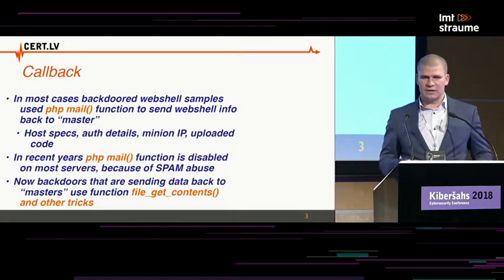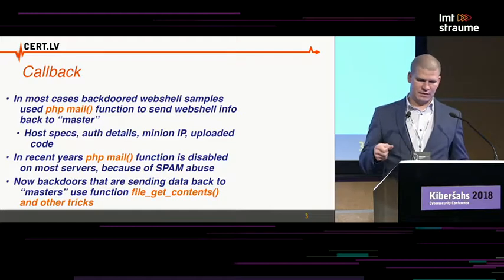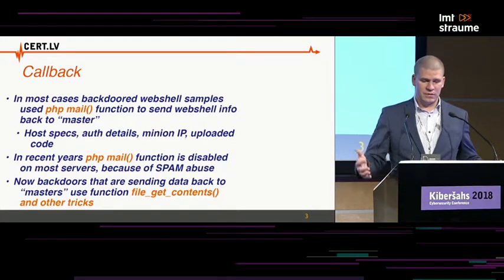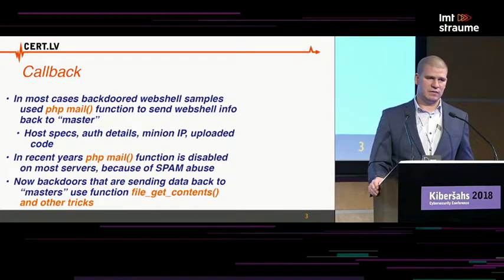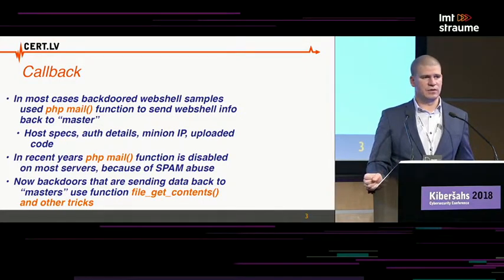So, callback functionality: the old ones, and quite a lot of them are still used. The old web shells are backdoored with the PHP mail function, just as I mentioned with this Mail UA case or the WSO web shell.